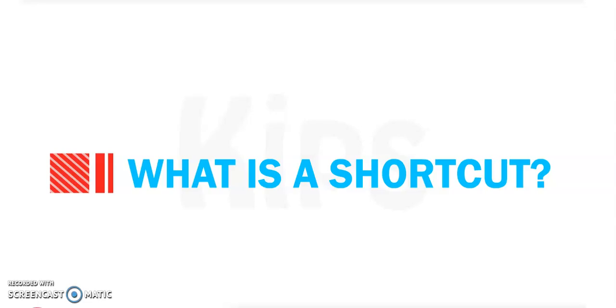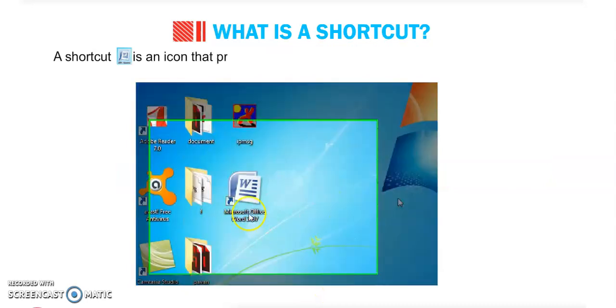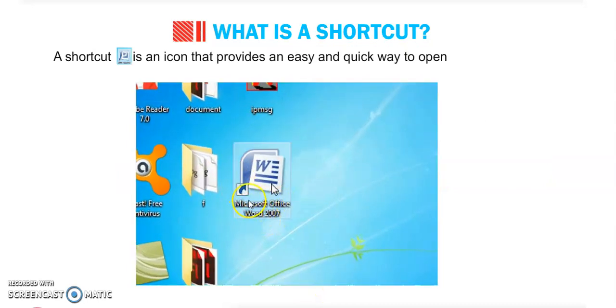Now the next topic is what is a shortcut. A shortcut is an icon that provides an easy and quick way to open any application. Like this is the shortcut of MS Word on the desktop. So you can easily open MS Word by double clicking on it.